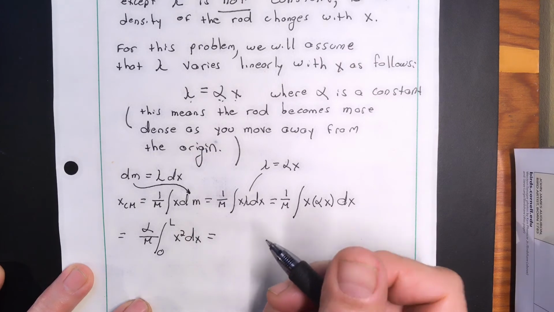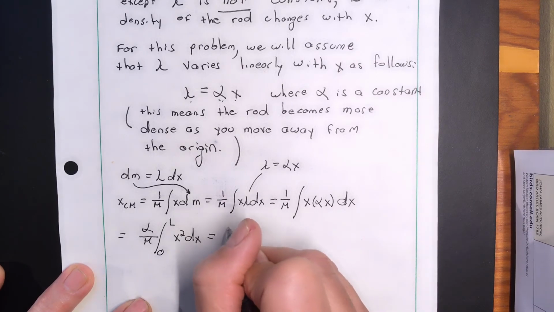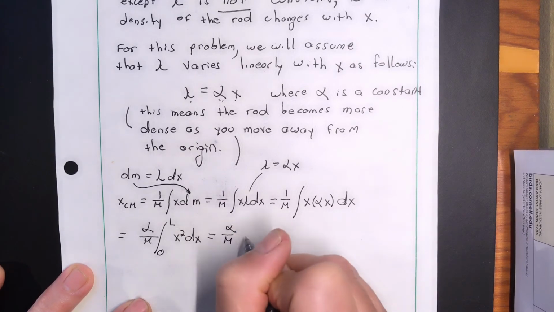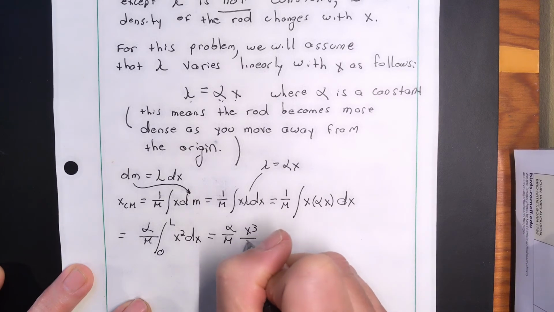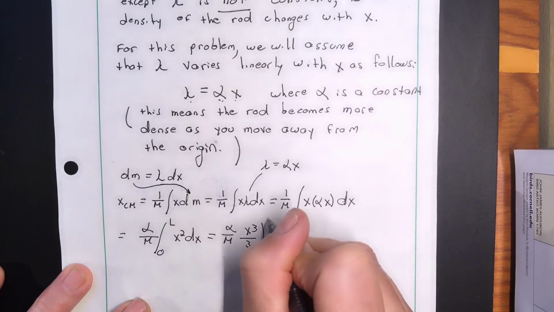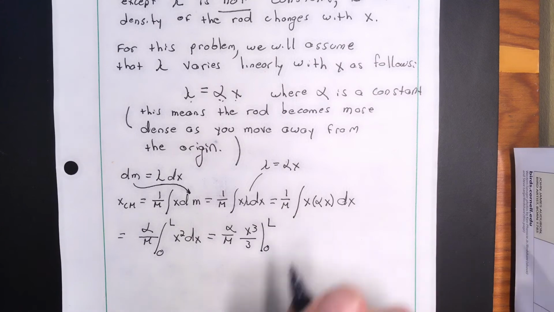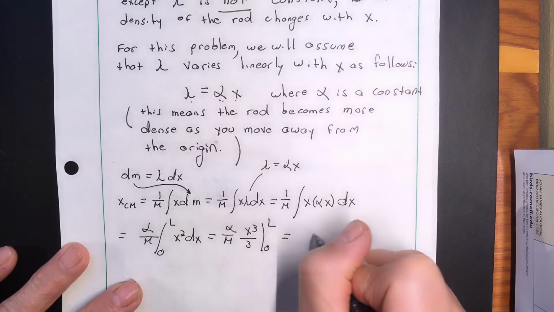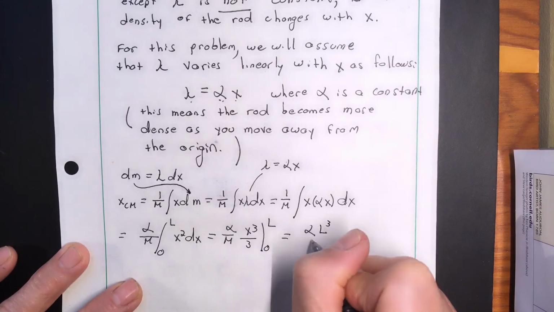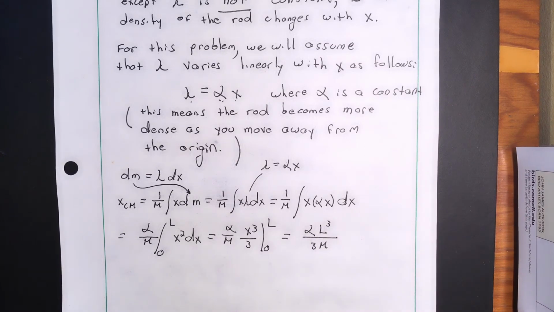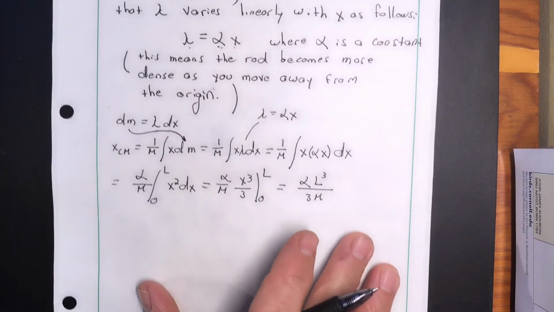We do that integral and we get alpha over m, x cubed over 3, evaluated between 0 and L. So we end up with alpha L cubed over 3m. Okay. So we're not done yet because we can simplify this.